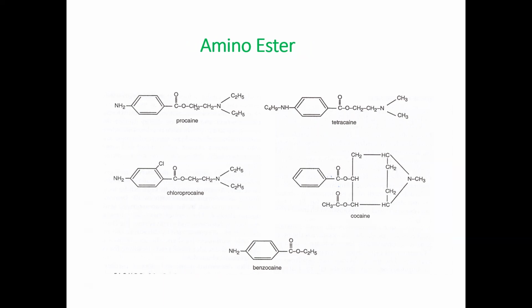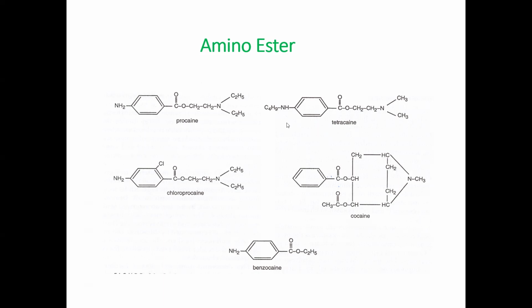And I want to say that the ester local anesthetics, they're safer as far as systemic side effects, but they are more prone to cause allergic reaction. That's basically the difference. And the metabolism is done through the plasma esterases that are available in your circulation.